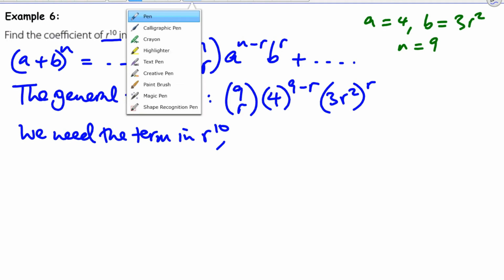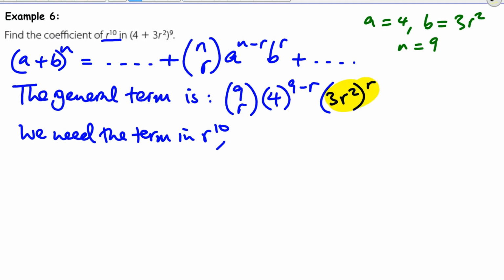If r is equal to 5, then the term that we'll end up with will be the term in r to the power 10. So by inspection, r is equal to 5. If we plug in 5 in place of r, we shall end up with the term in r to the power 10.